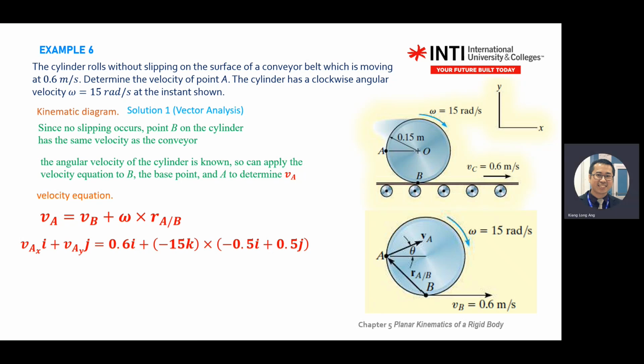So Z is going in there. Here, we assume Z is coming out from the screen, so negative is going in. Then R from B is this one, so you break it into 0.5i plus 0.5j.